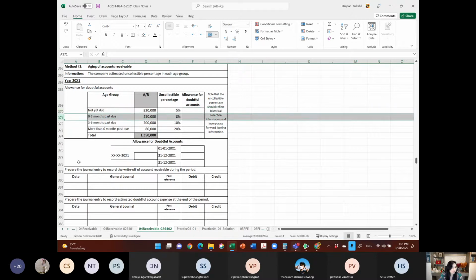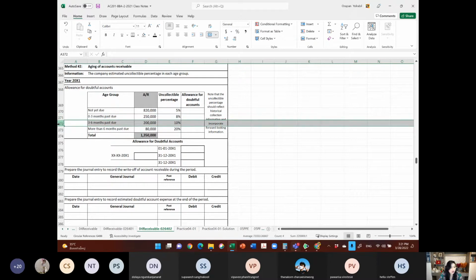For the second class, 250,000 out of the 1.35 million has been past due for 0 to 3 months already, and you estimated that 8% will be uncollectible.